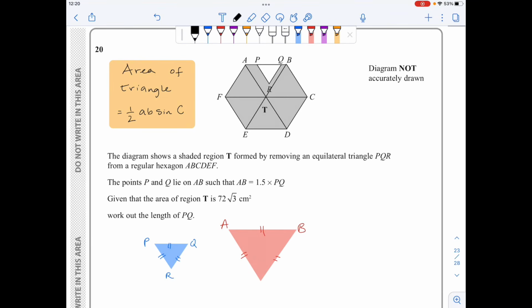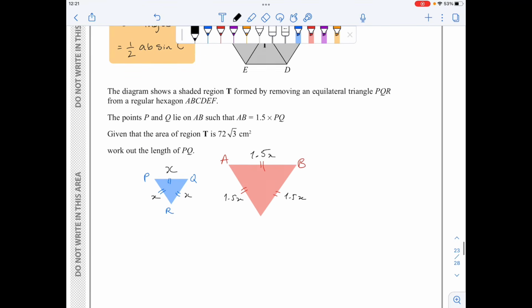Now let the sides of triangle PQR be x, hence the sides of triangle AB and the center of the hexagon are 1.5x, because we're given that AB is 1.5 PQ, so that's 1.5x each side. Also note that both of these are equilateral, so their angles are 60 degrees.